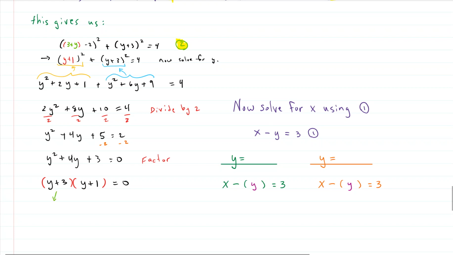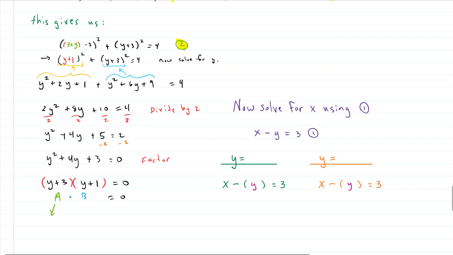Now we have two things multiplied together. So this is just like saying we have an a here times a b here, and this all equals 0. So when you have two things multiplied together and the result is 0, that means either the first thing or the second thing or both are 0. So we can set both of them equal to 0 and solve.